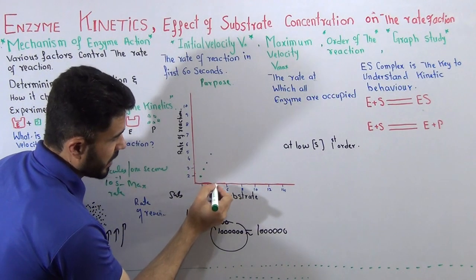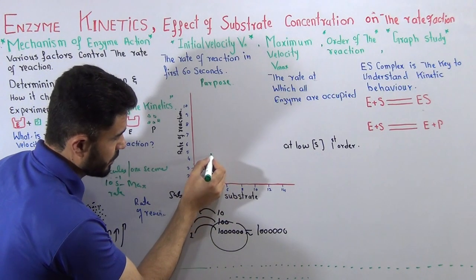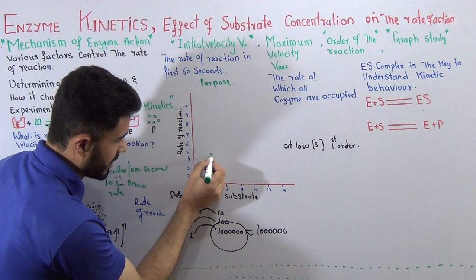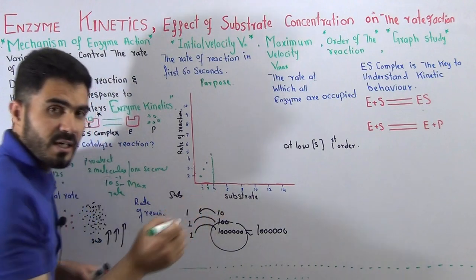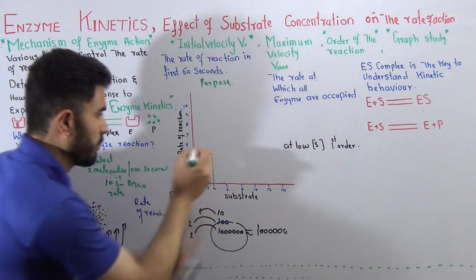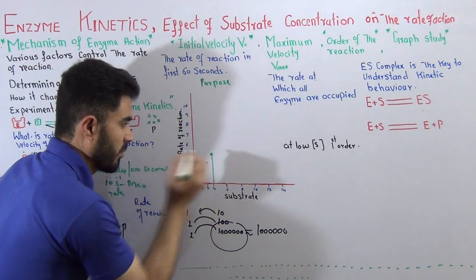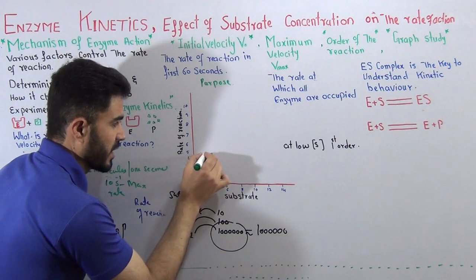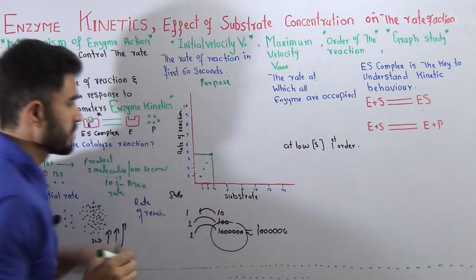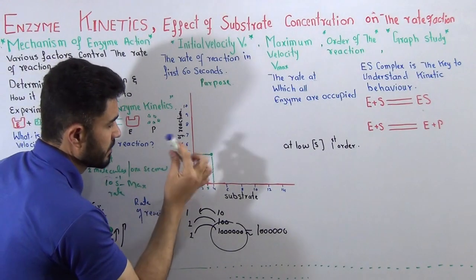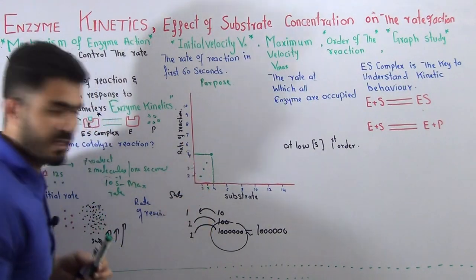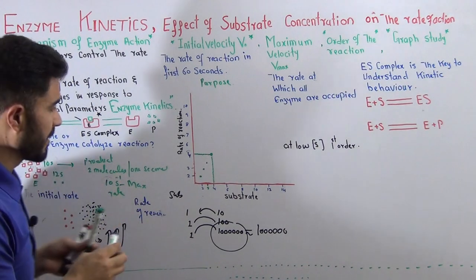As you are increasing, look, if you draw this dot down here, at the substrate concentration of 4, you have a rate equal to 4. I can write it 4 just to make sure, to get the idea clear.